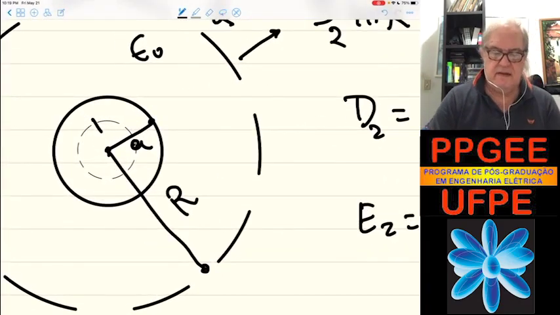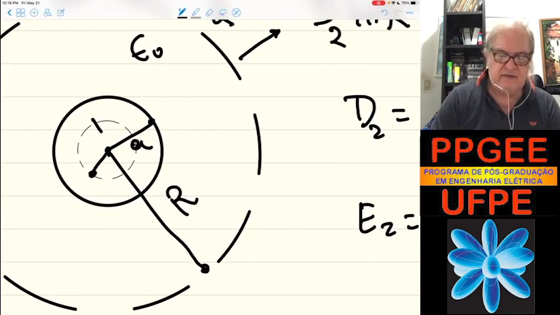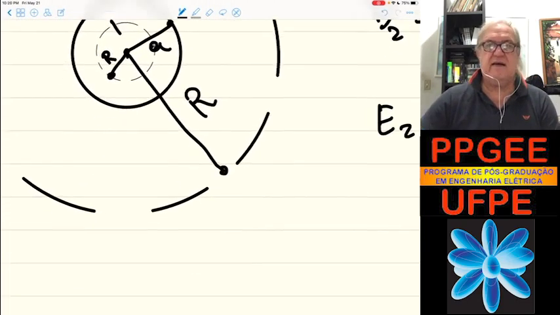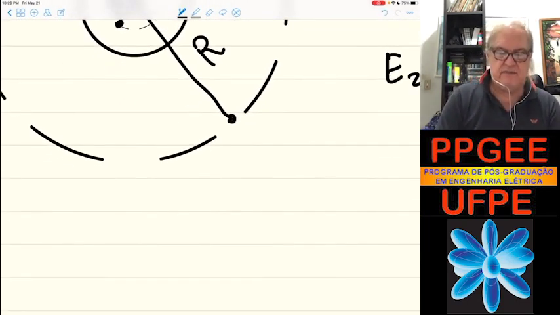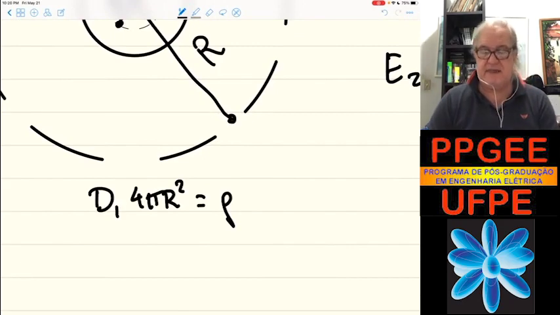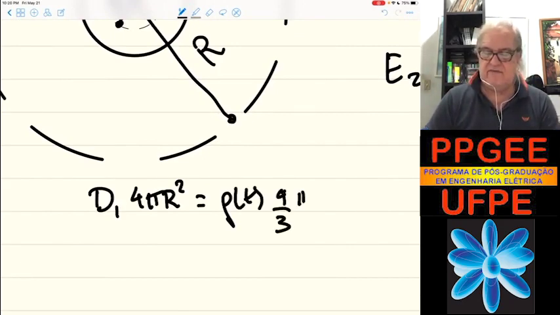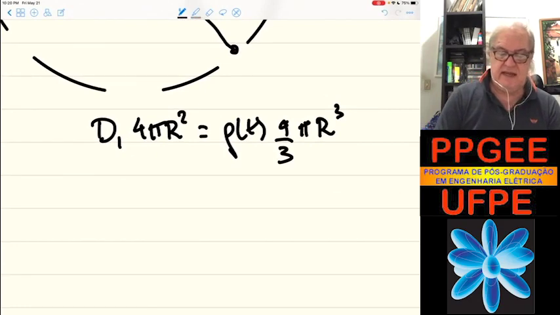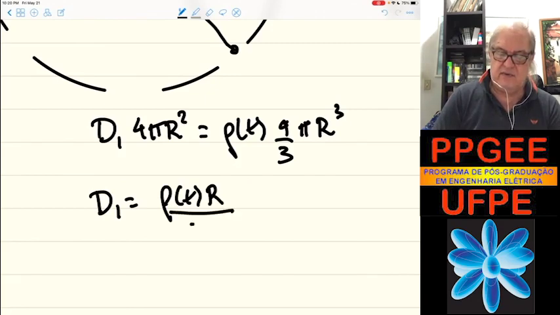So I have a Gaussian surface now inside, with a radius r, and I calculate the field inside. It's going to be D1 times 4 pi r squared equals the density at time t times the volume, 4/3 pi r cubed. So I have the field inside, D1 equals rho of t times r over 3.